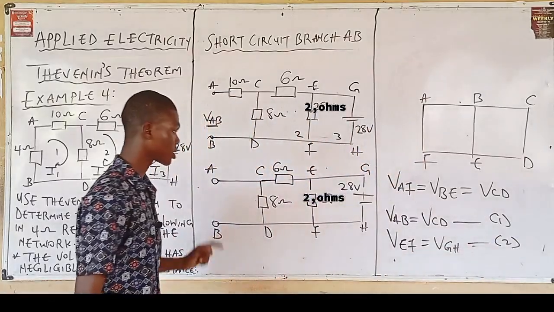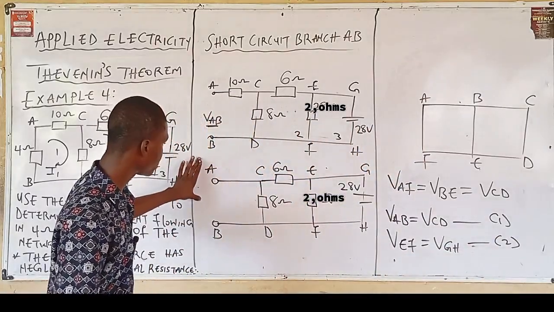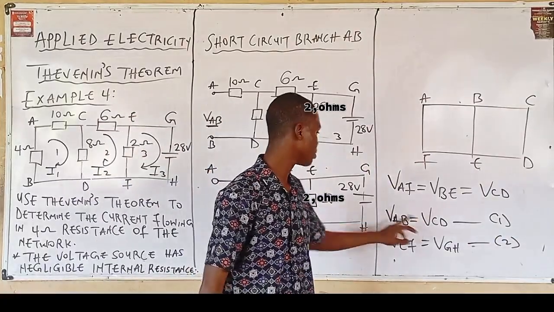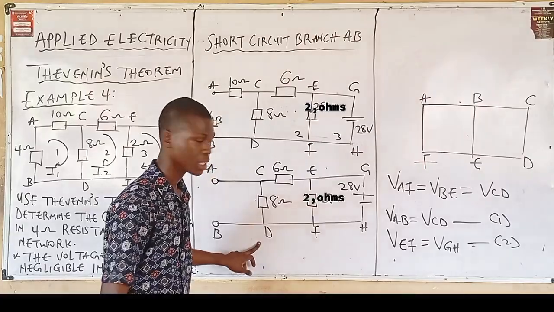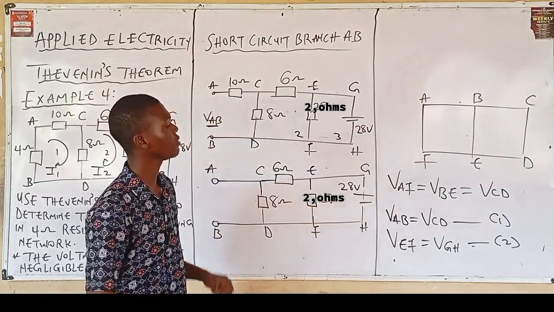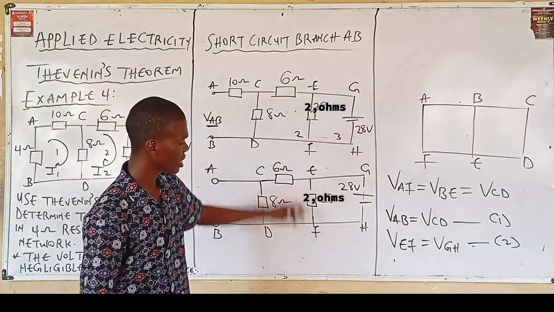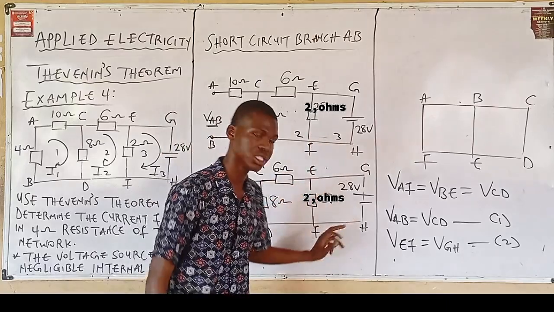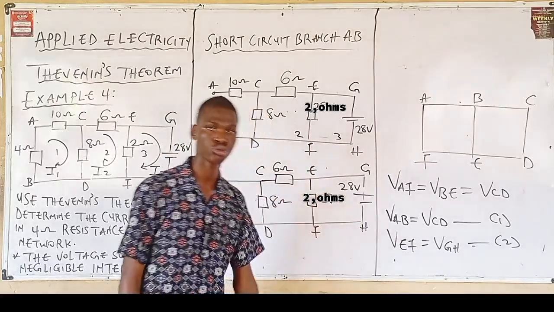Meaning the value of voltage in branch AB is equal to the value of voltage in branch CD. That's equation 1. Equation 2 is saying that the value of voltage in branch EF is equal to the value of voltage in branch GH.